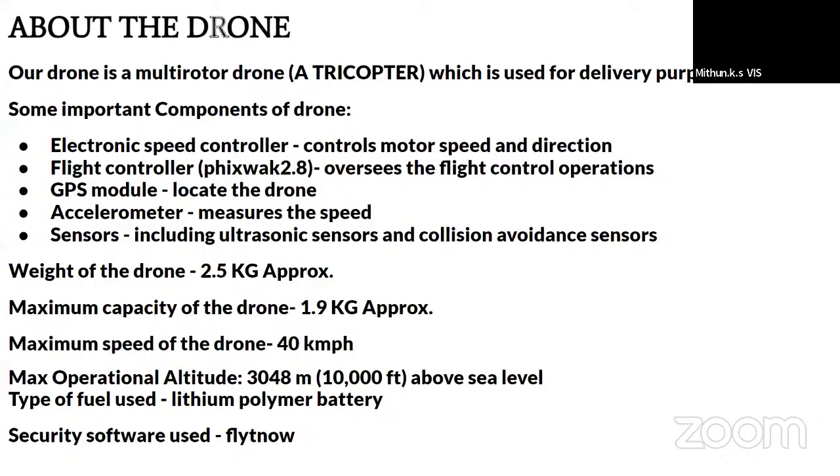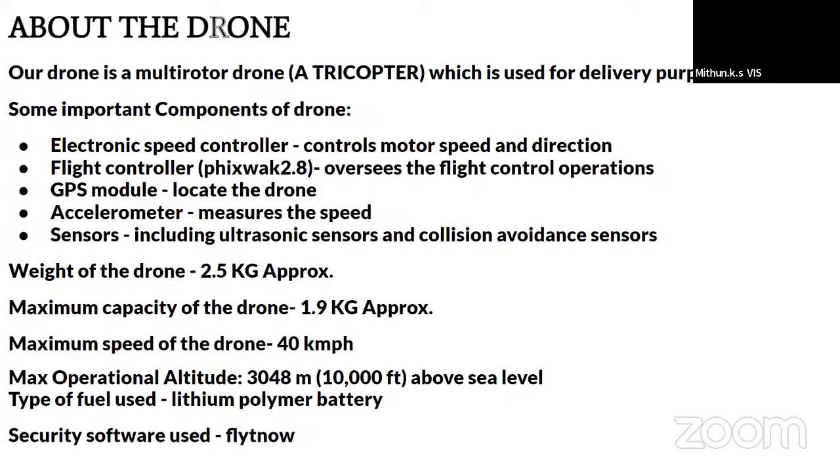Our drone is a multi-rotor drone, or in other words a tricopter drone. It is used for delivery purposes. Some important components of the drone are as follows: electronic speed controller, flight controller, GPS module, accelerometer, and sensors.